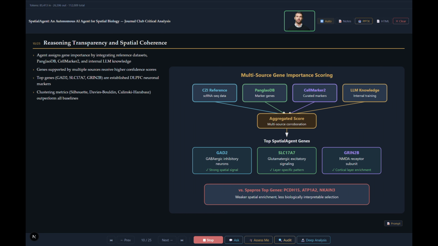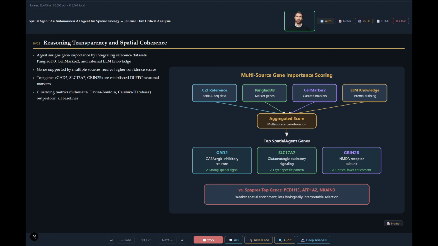A key strength of this paper is the interpretability analysis in Figure 3. The agent doesn't just select genes, it provides natural language rationales for each selection by integrating multiple knowledge sources. Genes corroborated by multiple databases receive higher confidence scores. The top 3 genes selected, GAD2, SLC17A7, and GRIN2B, are well-established neuronal markers with known roles in the DLPFC.